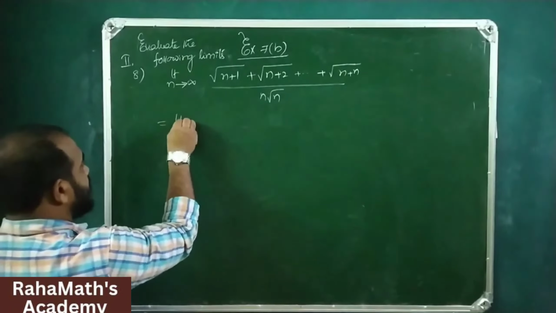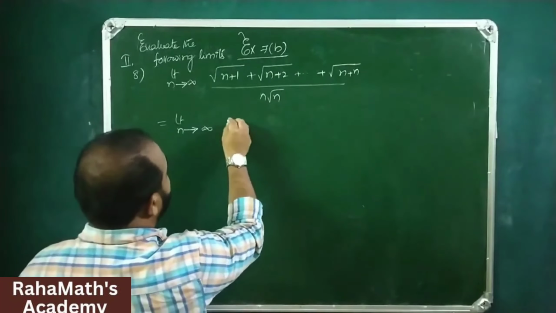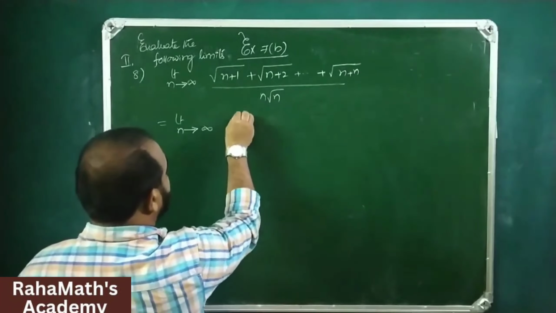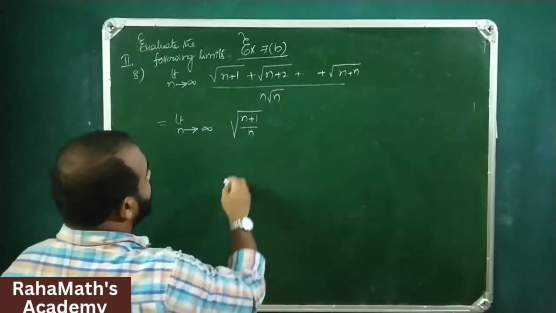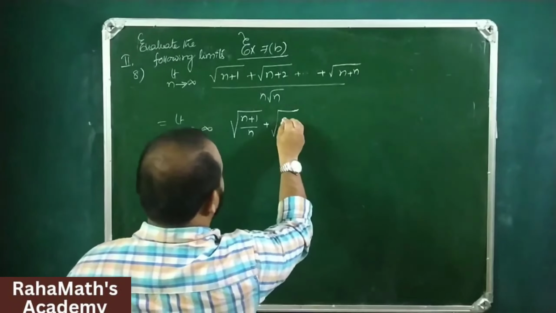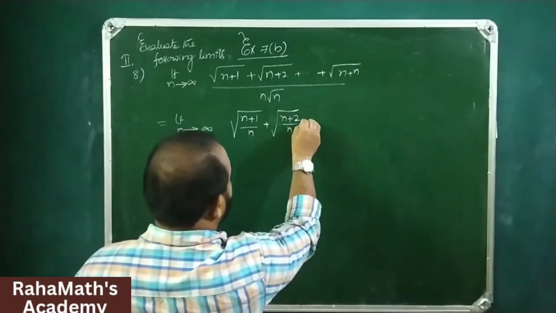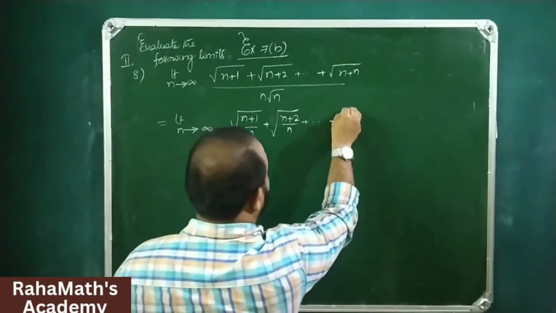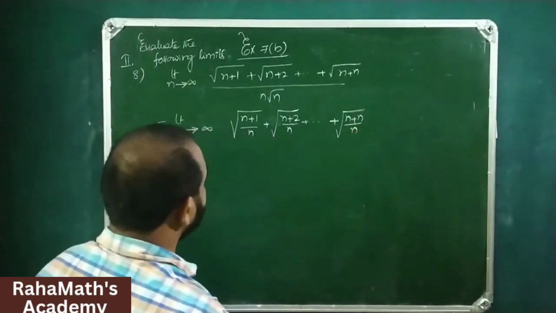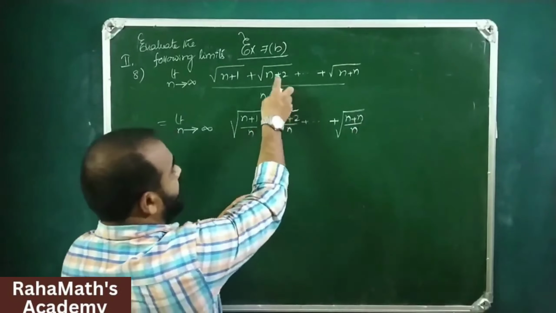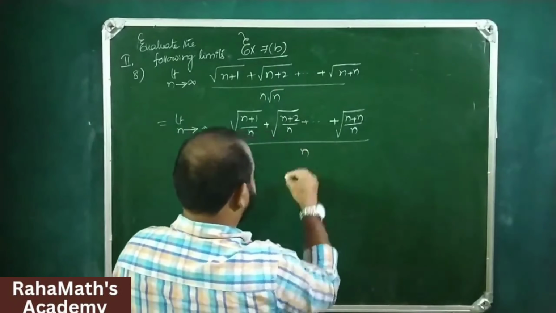This is equal to limit n tends to infinity of root of (n plus 1) by n, plus square root of (n plus 2) by n, plus etc. plus square root of (n plus n) by n. This root I have brought inside the root by n.